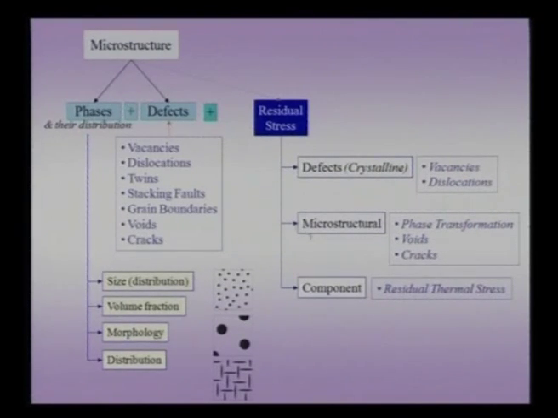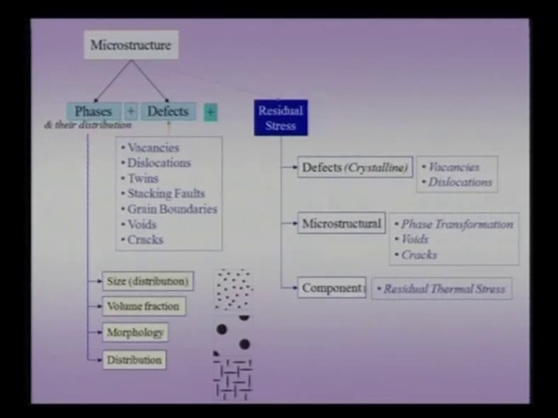There could be microstructural origins of residual stress. For instance, phase transformations or voids and cracks could lead to residual stress. I am using the word microstructural within microstructure, but with these definitions of voids and cracks, we understand the origin of these kinds of residual stresses.